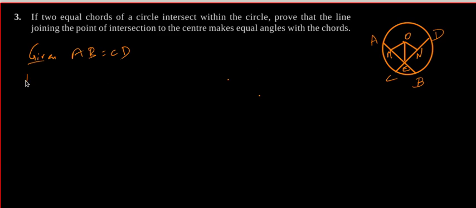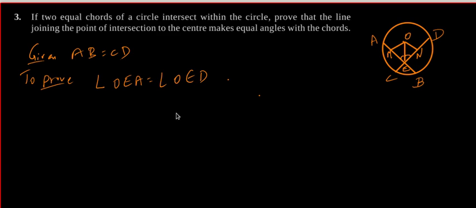What you need to prove? Prove that the line joining the point of intersection to the center makes equal angles with the chord. So OE makes equal angles with the chord. That means we have to prove angle OEA equal to angle OEB.